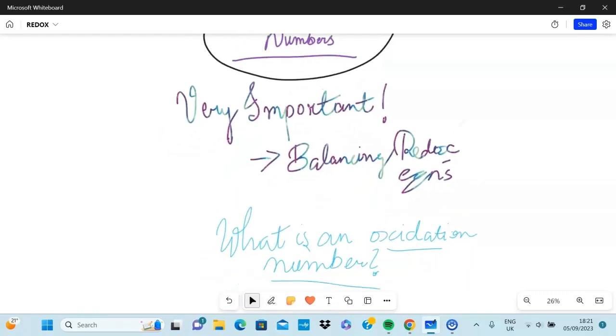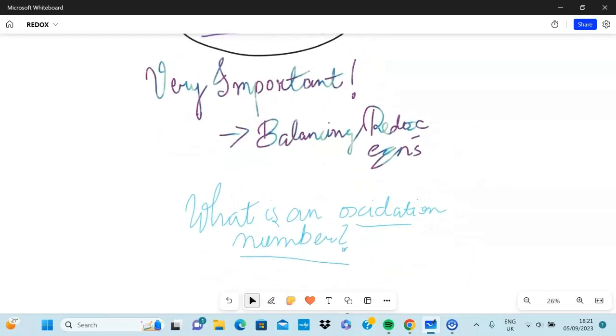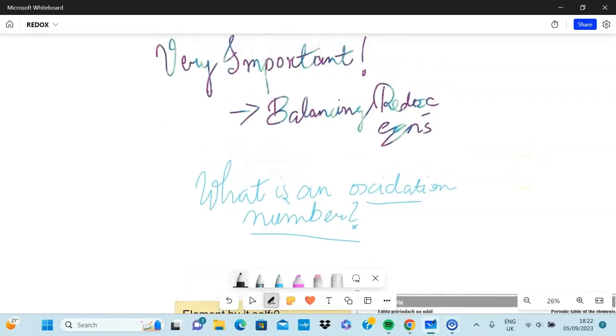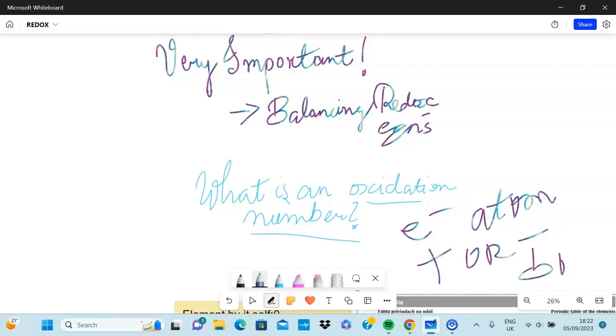Alright, so we said that word quite a lot. What is an oxidation number? Now, this may not be the textbook definition of an oxidation number, but I would say an oxidation number is the amount of electrons an atom will gain or lose to form a bond, so that it will eventually become a compound.